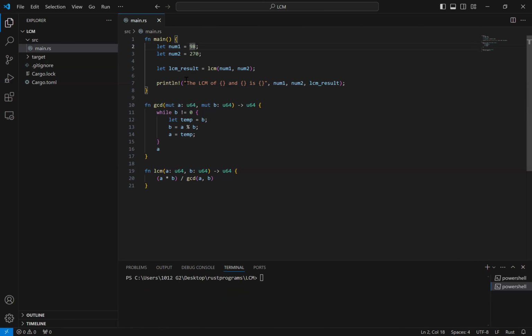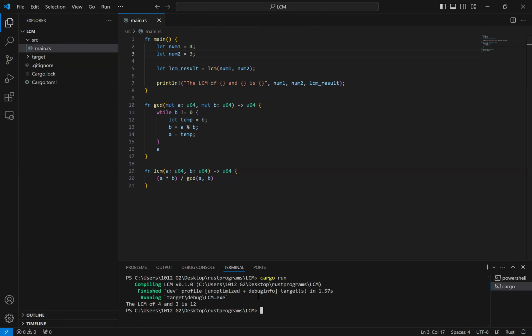We know the LCM of 3 and 4. Let us see if it can give us. I think the LCM is supposed to be 12. It's saying that the LCM of 4 and 3 is 12. Let's try a bigger number.